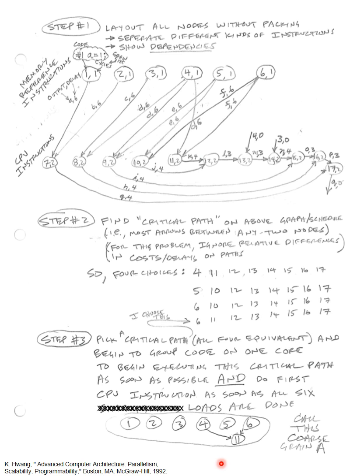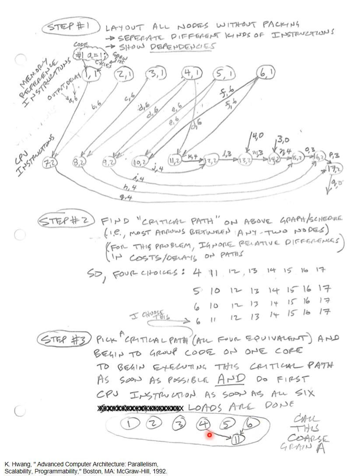And then we want to begin to group the code on one core to begin executing this critical path as soon as possible, and do the first CPU instruction as soon as all 6 loads are done. So then what we have here resulting is a coarse grain from these fine grains here, but 4 and 6 we're using for 11, which is a computation arithmetic operation.